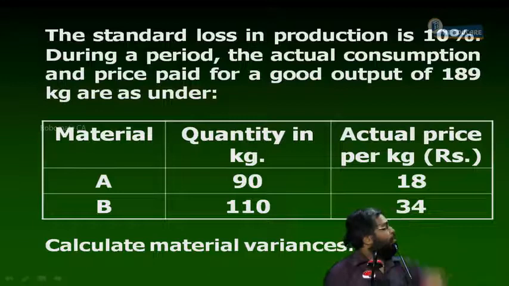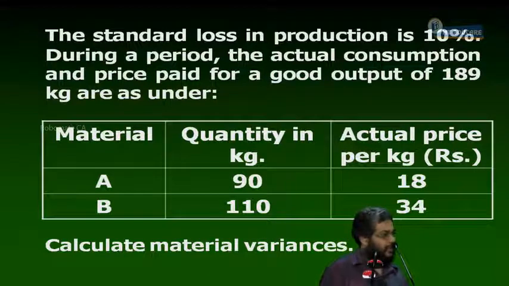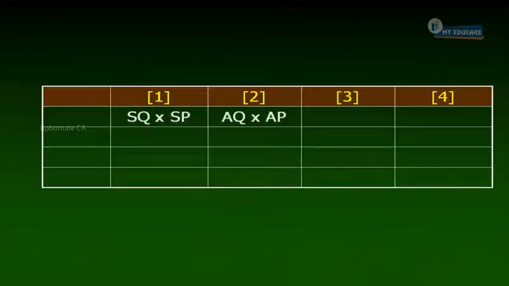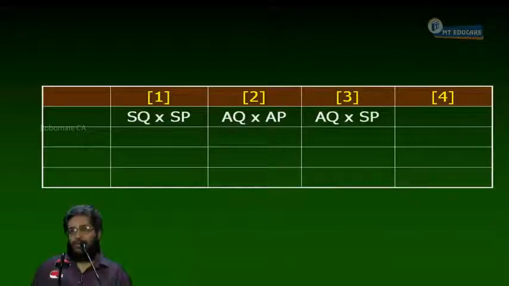Immediately when you see multiple raw materials, how many columns should one go for? 4 columns. Now, we can straight away start putting the numbers. Can you tell me the 4 columns? SQ into SP, AQ into AP, AQ into SP, RAQ into SP.